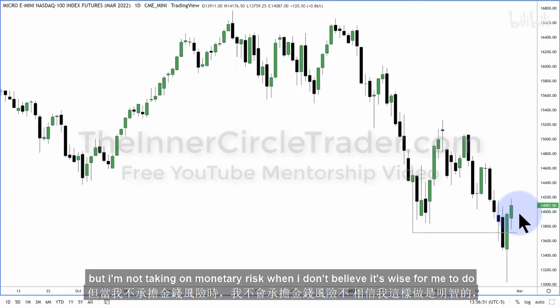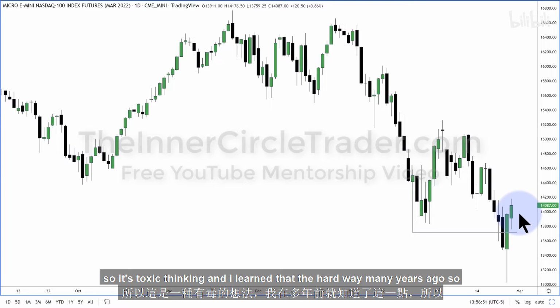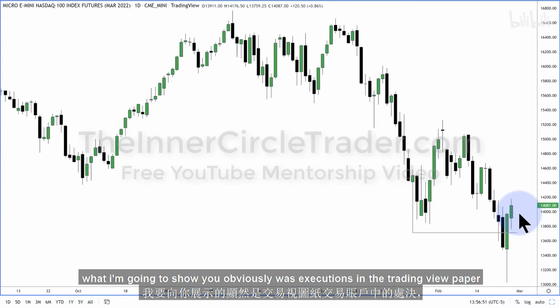But I'm not taking on monetary risk when I don't believe it's wise for me to do so. Because if I'm wrong, let's say I'm wrong, and I traded today with live funds, or if I traded on Monday, and I lose what I gained in February, that would eat at me all through the month of March. So it's toxic thinking. And I learned that the hard way many years ago.